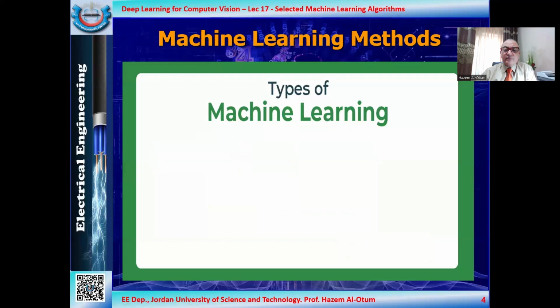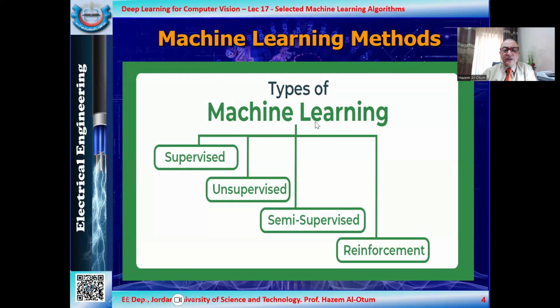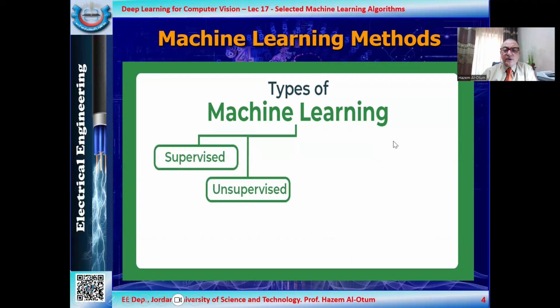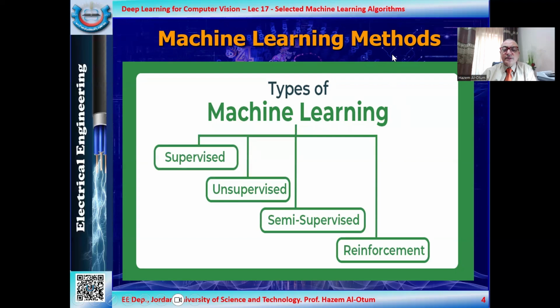If you remember from previous lectures, in machine learning we have supervised learning, unsupervised learning, semi-supervised learning, and finally reinforcement learning. This was discussed in detail in a previous lecture, and today we are just going to repeat very quickly some of the main concepts.